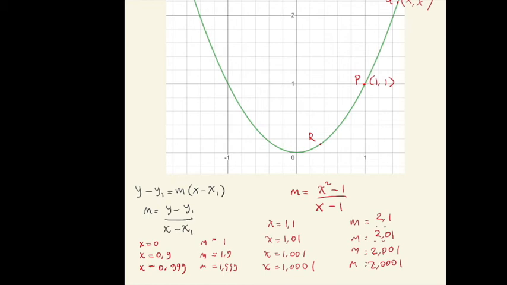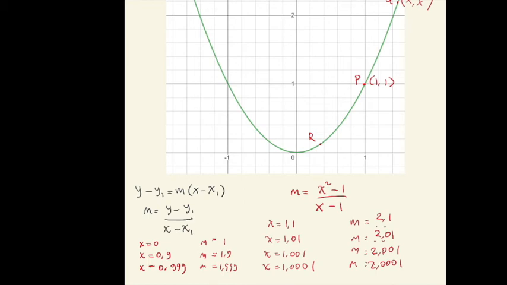It's getting closer to 2. It's not exactly 2, but we know that it's getting closer to 2. But because we learned limit, and the limit is finite at one point, we can say that the limit is 2. Okay? If you don't really use limit, you cannot make that point become 2.